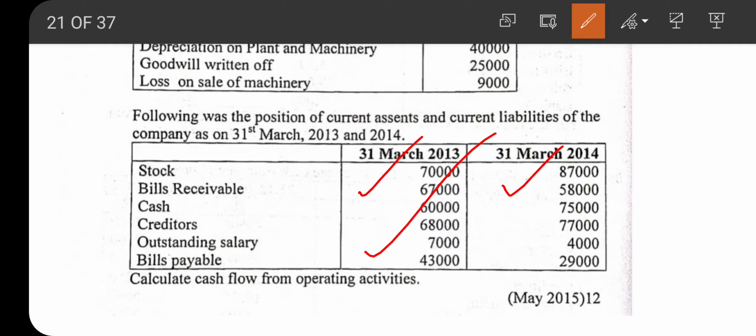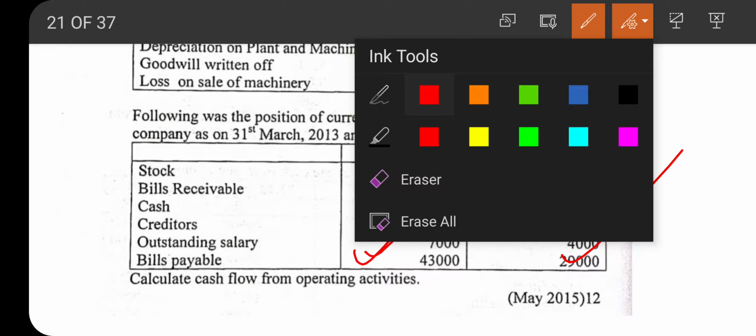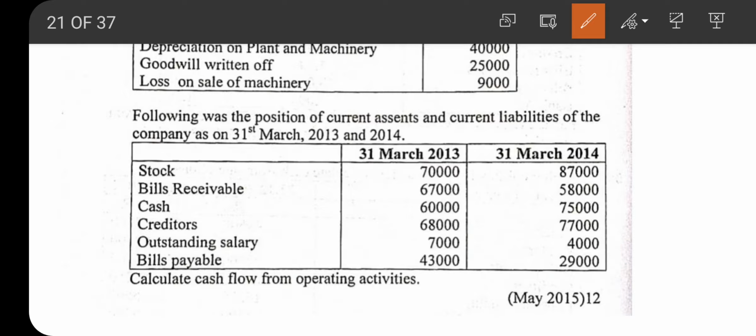So these are the opening balances and these are the closing balances. Stock, bills receivable, cash, creditors, outstanding salary and bills payable are given. Now in this problem you need to divide the items into current assets and current liability.